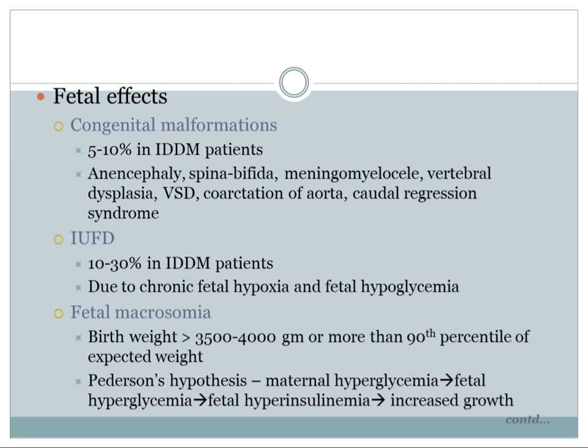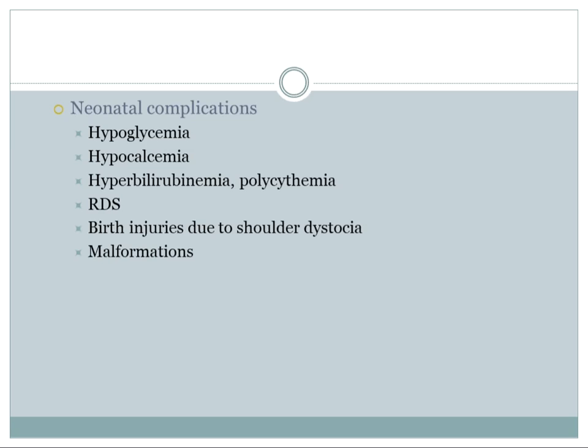More insulin, more utilization of the glucose, so there is increased growth of the various tissues in the fetus. Particularly fat deposition and muscle mass increase, the fetus becomes larger, and so you get big babies in diabetes.